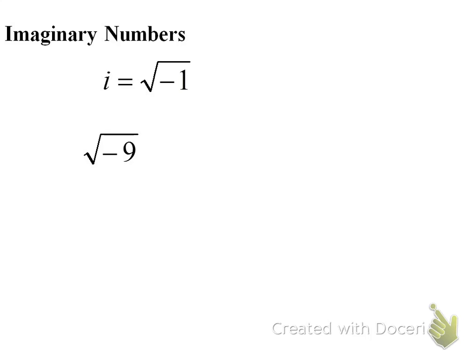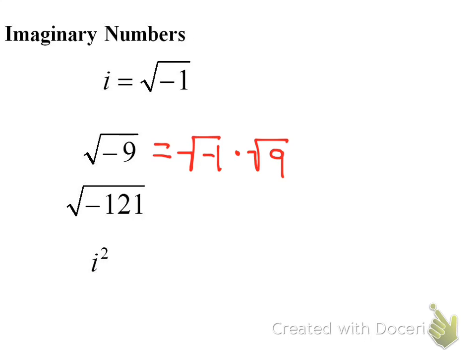All right, so here's our first example. I'm actually going to write all 3 examples before we start. So instead of thinking of this as the square root of -9, I want you to think of it as the square root of -1 times the square root of 9. Everyone agree with what I just wrote? Okay?